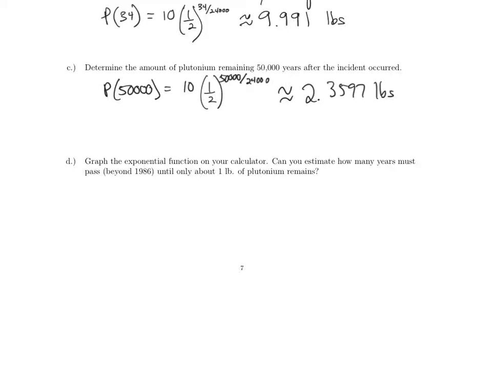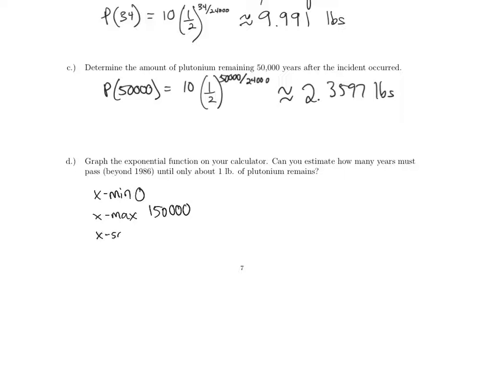So X min for your window settings is 0. We want to go really, really big for X max because we saw that even at 50,000 years going past the incident, there was still a lot of plutonium left. So let's go way out to 150,000 years.